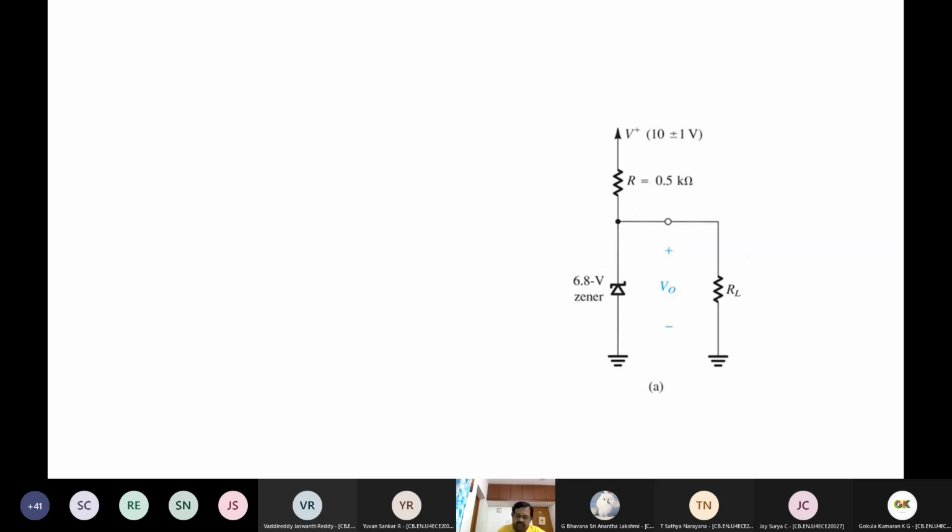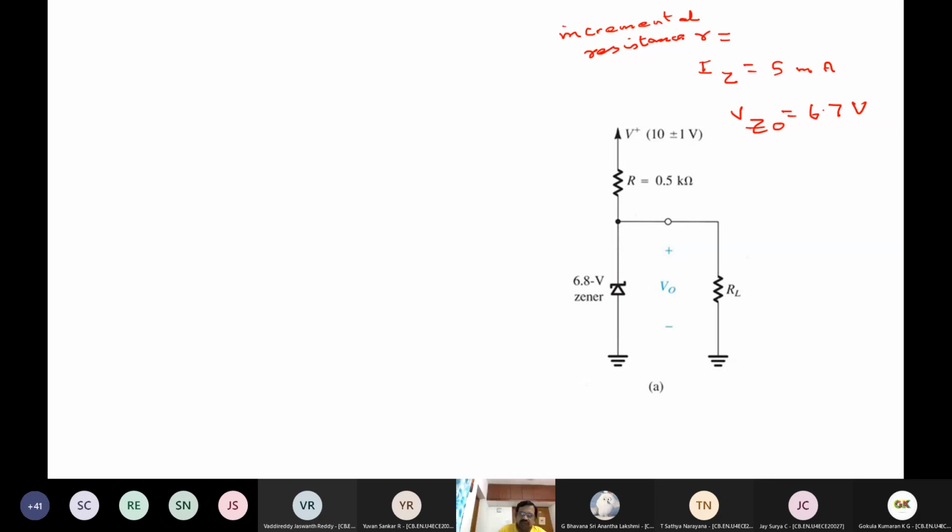The additional quantities specified for this problem are VC, and IC is given as 5 milliampere, and we found VC not equal to 6.7 volt, and the incremental resistance. For a Zener you don't often say small signal resistance, you say either the dynamic resistance or the incremental resistance. So the word used is incremental resistance.